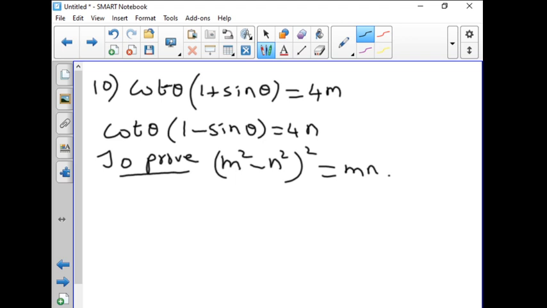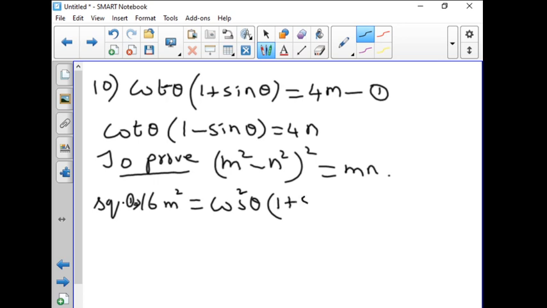So we will square the first one. Squaring, what do you get? 16m square is equal to cot square theta into (1 plus sine square theta plus 2 sine theta) after expanding.